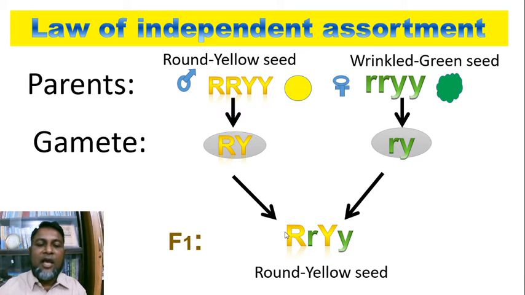Here capital R is dominant for round seed and capital Y is dominant for yellow seed. So the phenotype is round yellow seed.